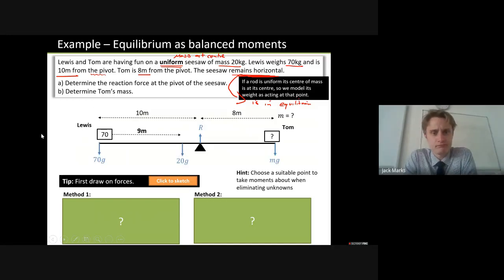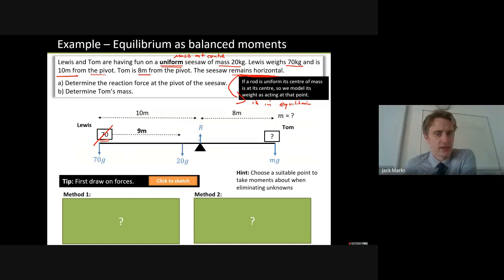So this might surprise you. We've got 70 kilograms turns into 70 G. Okay, so that's the force. I personally like to do this when I'm finished, so you know not to reuse that number. 20 G and this pivot are not in the same place.